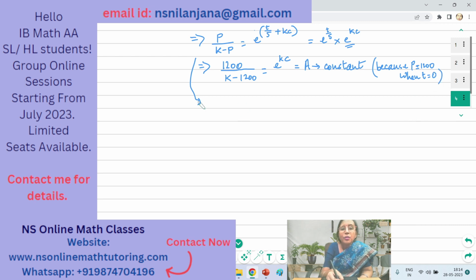Okay. So now we come again to the equation that we have got. It is P over K minus P is equal to, now I'm writing this one over here, 1200 over K minus 1200.